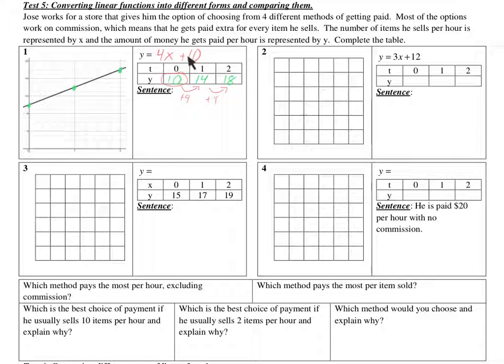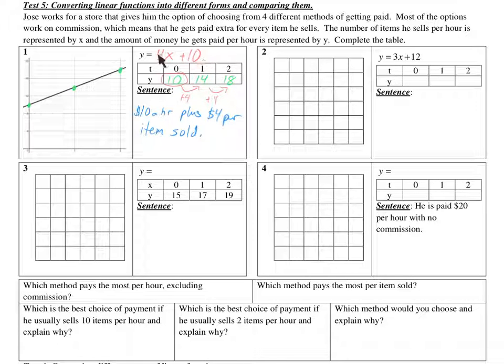So this person gets $10 an hour plus $4 per item sold. Let's write that as a sentence. He gets $10 an hour plus $4 per item sold. That's what you want to understand.